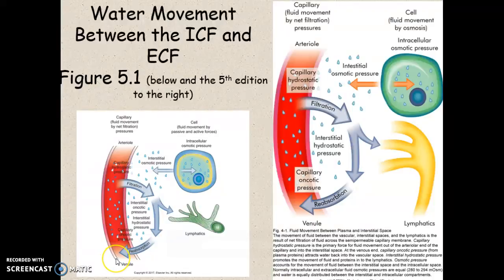Other proteins, including immunoglobulins and antibodies, also play a role, but albumin is the major one. If the vasculature loses proteins, fluid is going to move into the interstitial space because the capillary oncotic pressure goes down and doesn't work to help draw the fluid in.